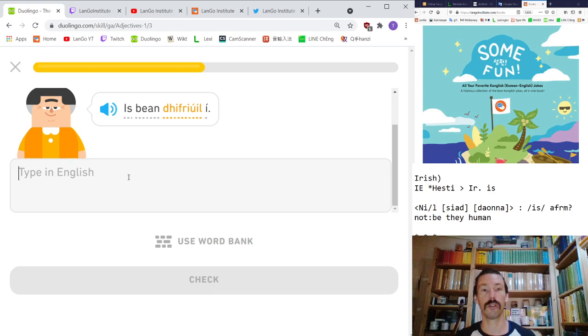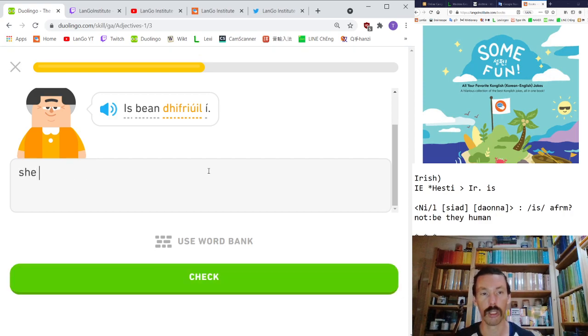It means, okay, for this type of sentence with is, with this copula, we look to the very end for the subject. É is a mutated form of sí, meaning she. Is means is. Is bean dhifriúil. She is a different woman, indefinite.